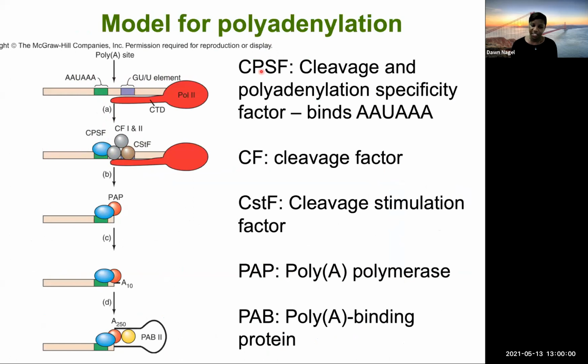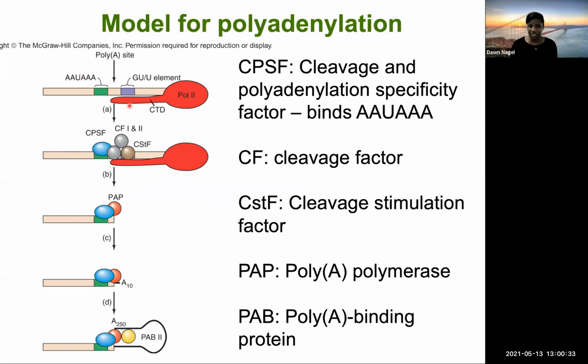So CPSF, which is cleavage and polyadenylation specific factor, actually binds to this polyadenylation site. When it binds, it recruits additional cleavage factors, and one of these cleavage factors actually binds to this GU element. Okay, so it's a combination of having these sites within proximity to each other that's important, and having something as close to the consensus as possible will determine how efficiently you have this polyadenylation happening.